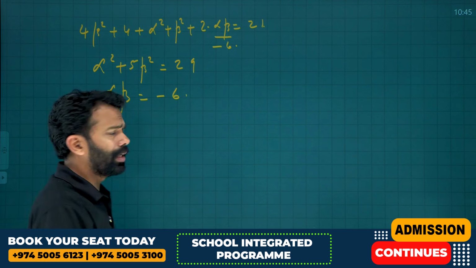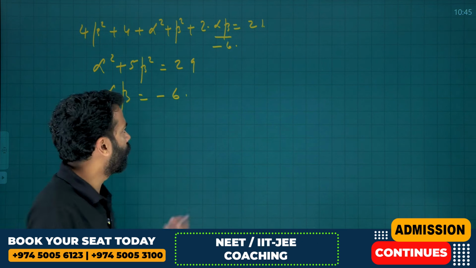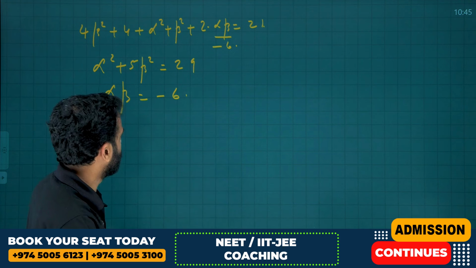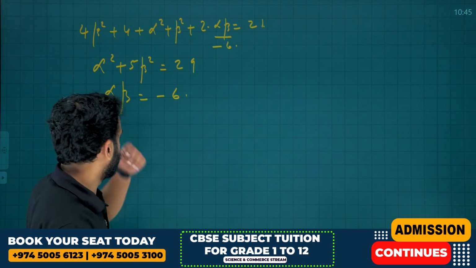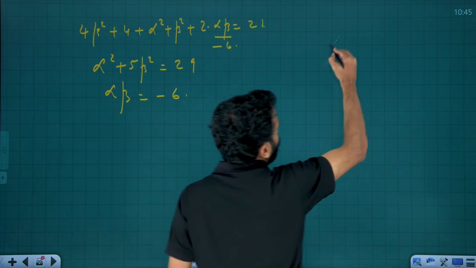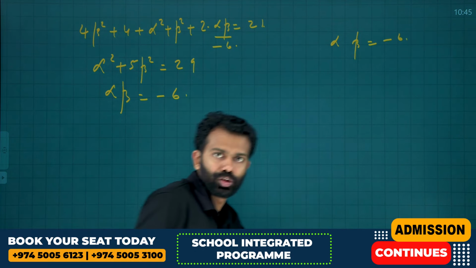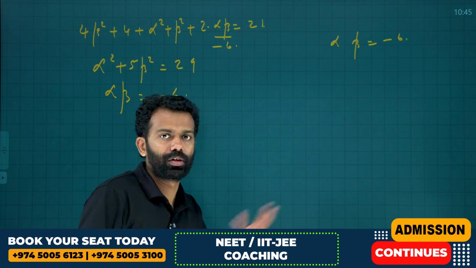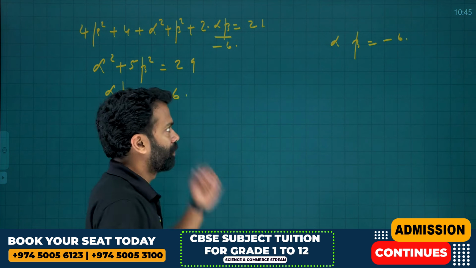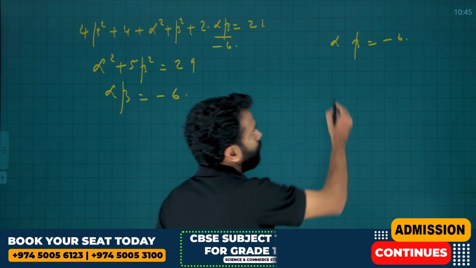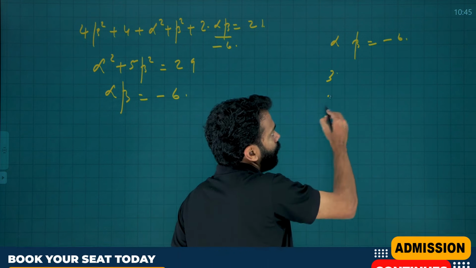Either we can go for the quadratic equation concept or the trial method, whichever method suits here. I think the trial method will be sufficient. So we know that alpha beta is equal to -6, so both of them should have different signs. One of them will be positive, the other negative. The numbers in play will be either alpha is equal to 3 or alpha is equal to 2.